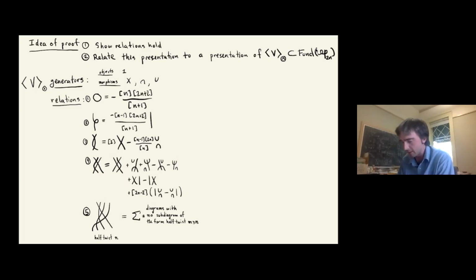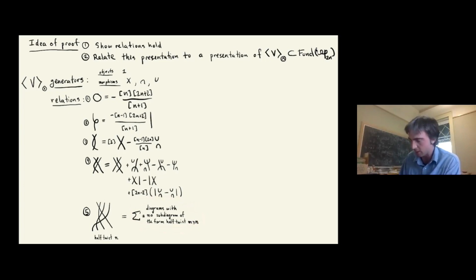I can rewrite it as a linear combination of diagrams where no sub-diagram in my picture, once I write it in terms of these X's or cups and caps, has a half twist in it. So I can get rid of these permutations that have this pattern corresponding to the half twist on n strands, as well as the pattern for more than that. So I can get rid of all of the half twists for n greater than or equal to n. And this relation, we don't know exactly what the form of it is, but we know that we can do it.